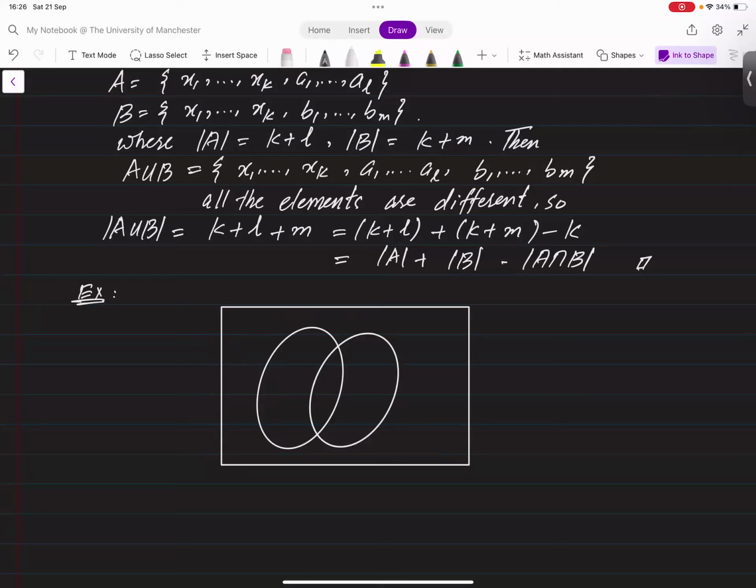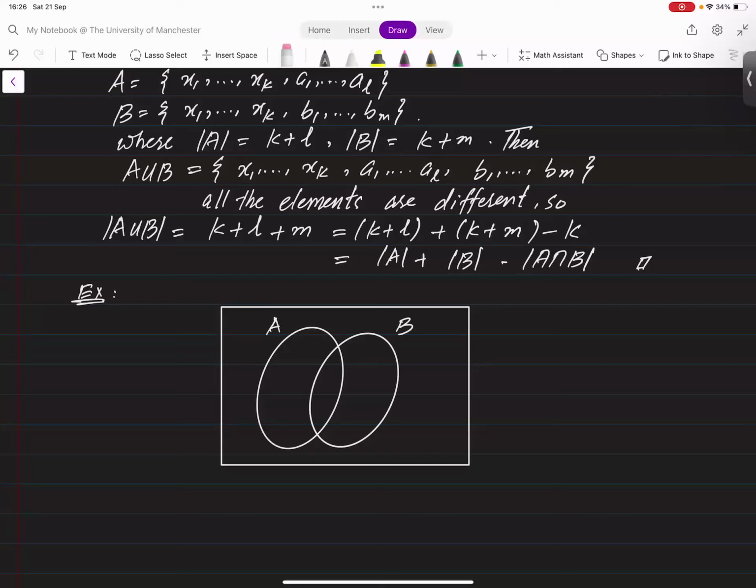This is set A, and this is set B. And you can say 19 are doing maths, and 17 are doing music.